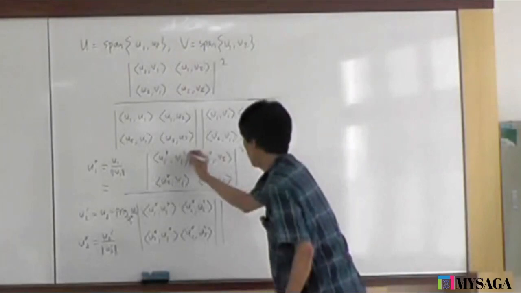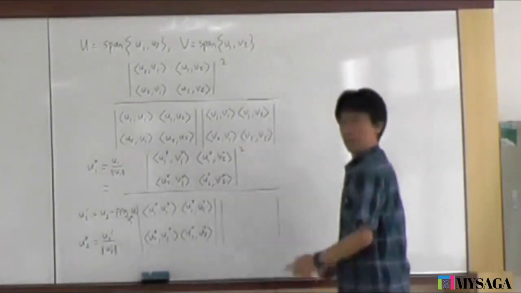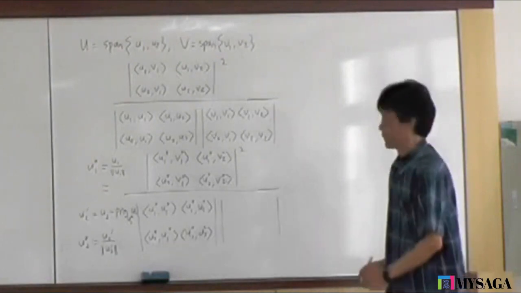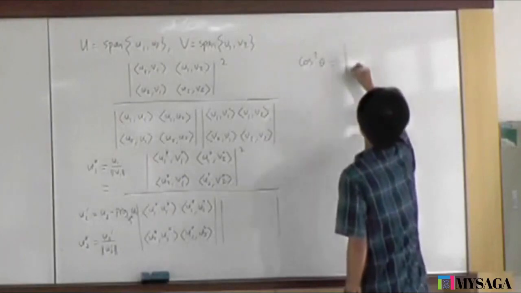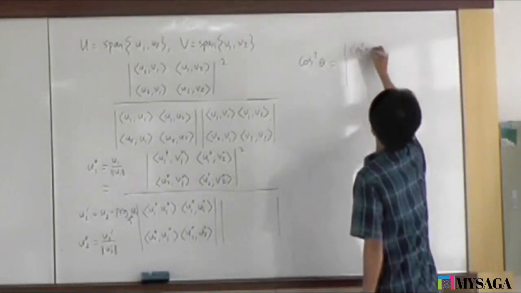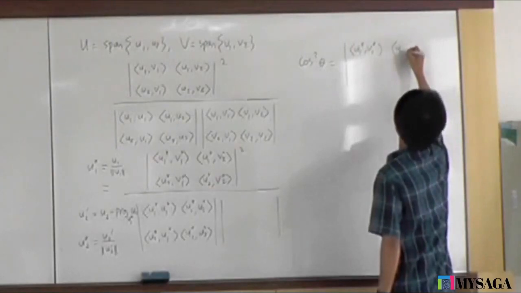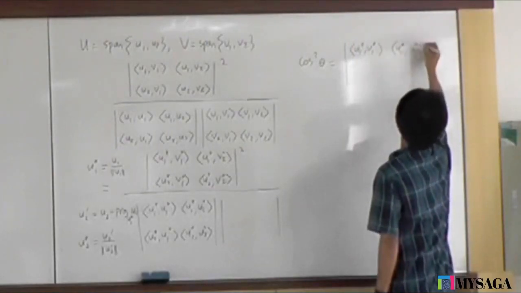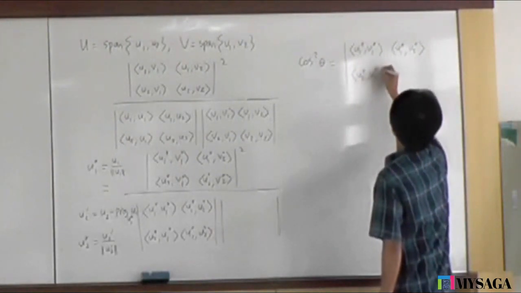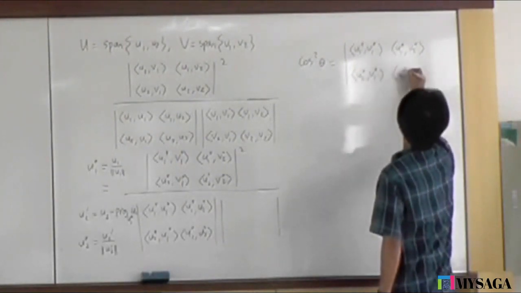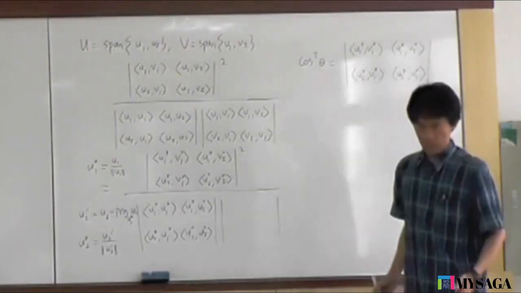What we are left with is just the numerator. So now my cos square theta is just U1 star V1 star, U1 star V2 star. I don't need stars actually, but okay. Now, is this the projection?